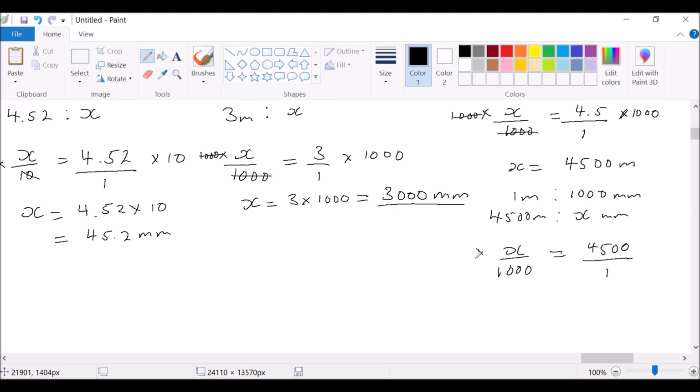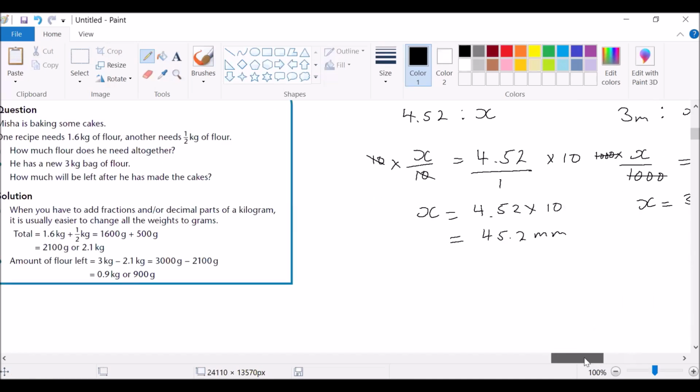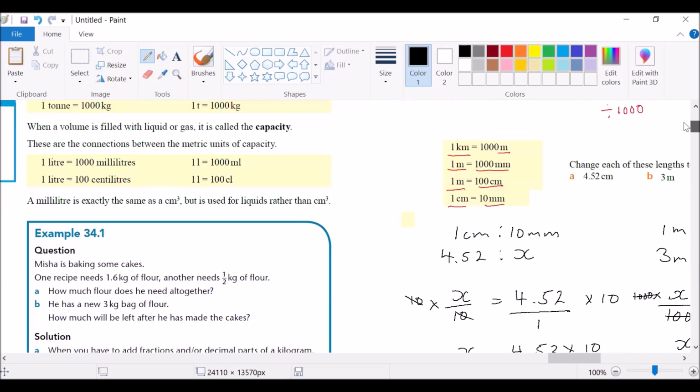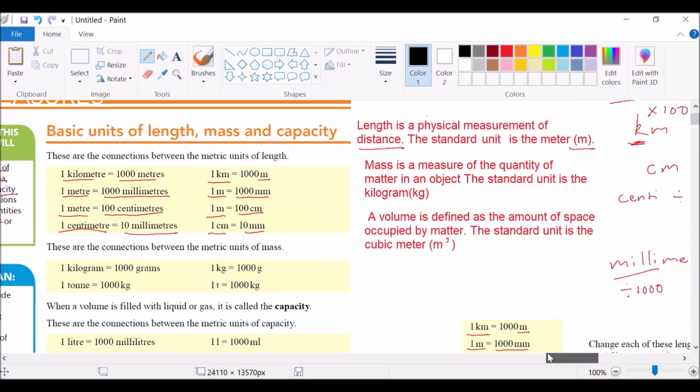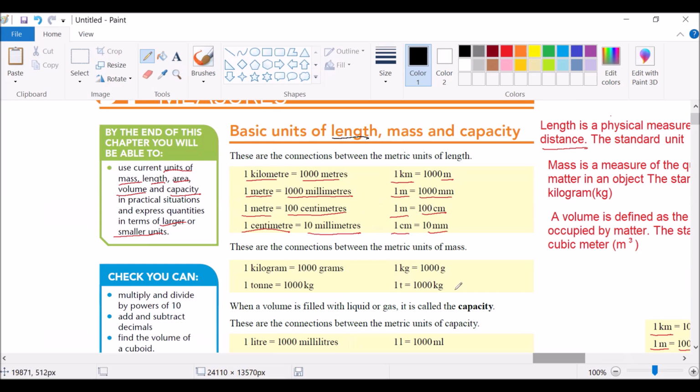We multiply both sides by 1000 to eliminate here, so that we have x being equal to 4500 times 1000, which is 4,500,000. So we can now say 4.5 kilometers is equal to 4,500,000 millimeters. Okay, so that's how we convert our length between larger and smaller units.